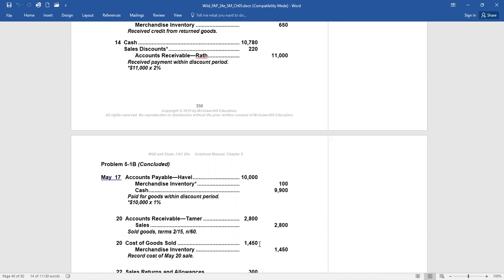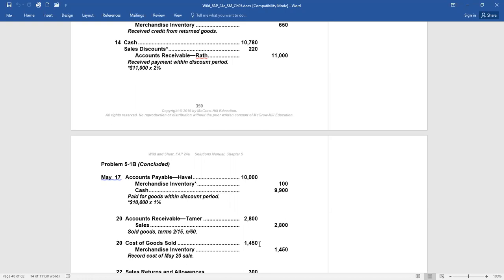They will debit the expense account, cost of goods sold, for the cost of the stuff they sold, $1,450, and reduce or credit the inventory account because they sold that stuff and it cost $1,450. So we take it out of inventory at what it cost us because that's what we put it into inventory at.